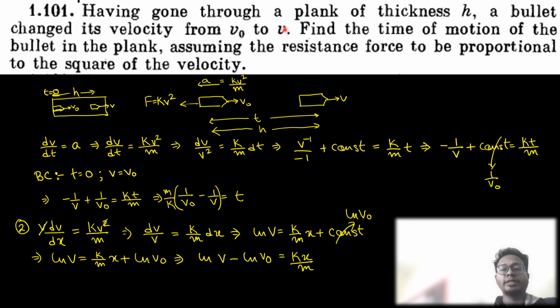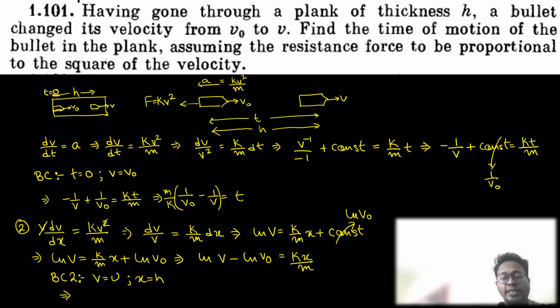Now I have a second boundary condition. At velocity equal to v, given in the question, x is equal to h, the distance traveled is h. So you put v out here and x equal to h out here.